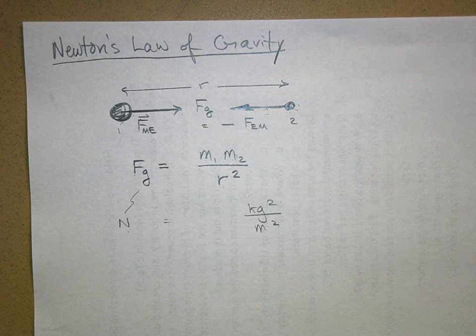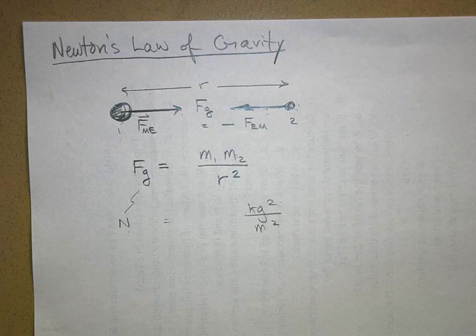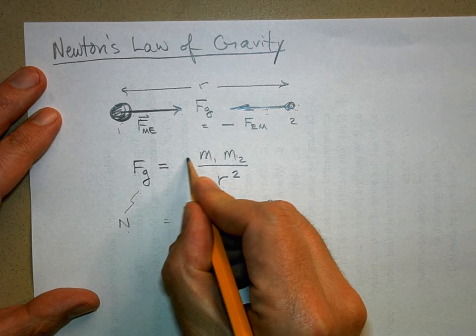How strong is gravity? Well, we have a number for that. We have what's called a physical constant, a property of our universe that makes the units work out, and it makes Newton's law of gravity complete. And we call it big G.